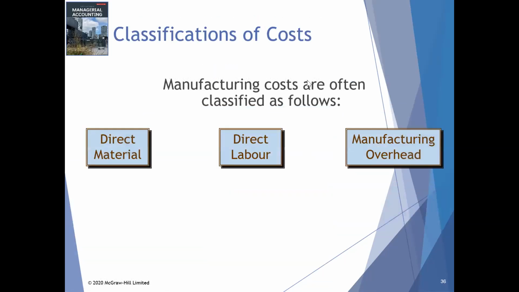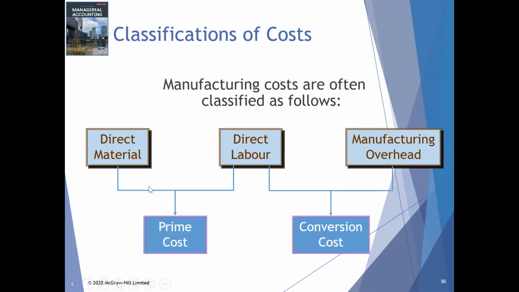Now, if we talk about the classification of costs, as we have discussed, manufacturing costs are often classified as direct material, direct labor, and manufacturing overhead. If you talk about the direct material and the direct labor, the combination of these two is known as the primary cost. And direct labor and manufacturing overhead are known as conversion cost.